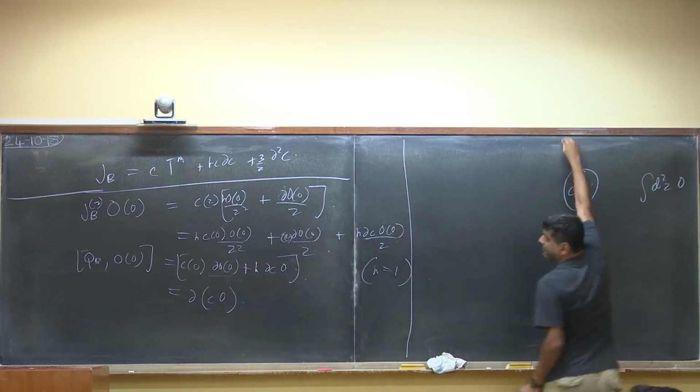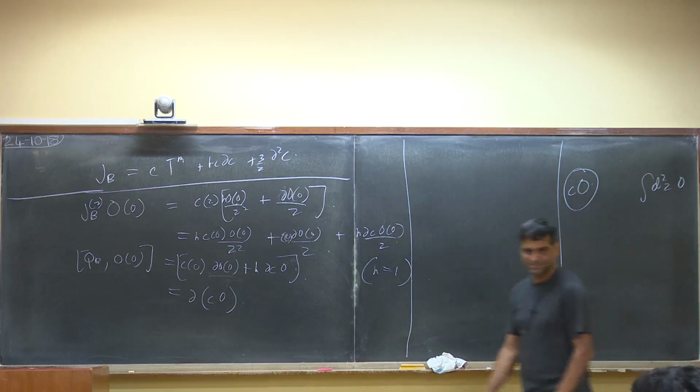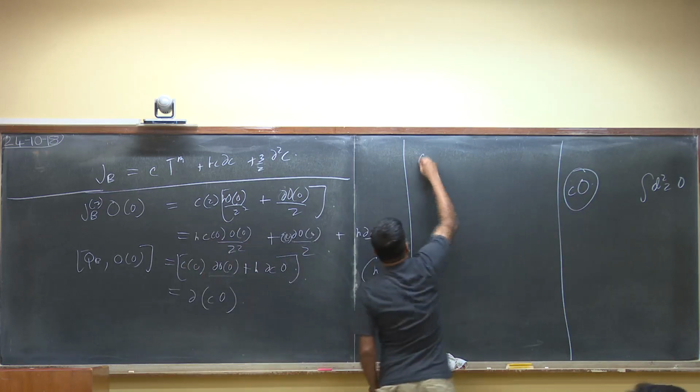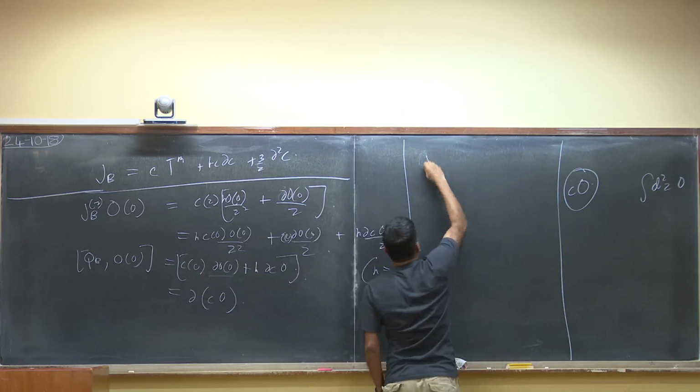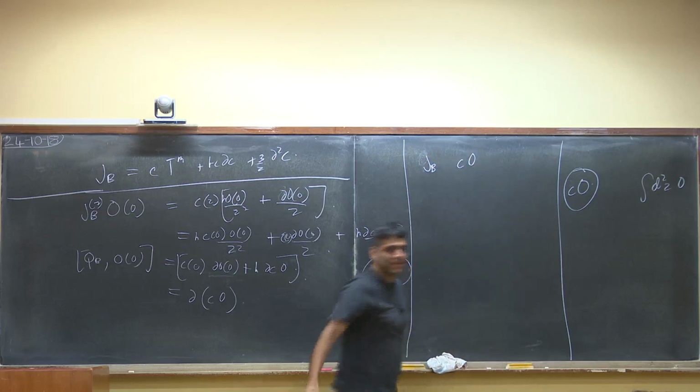Now this has already motivated the next thing we want to calculate. The next thing we want to calculate is what Q_BRST does with cO. Let's do that. So suppose we take Q_B, so we want the OPE of J_B with c times O, where O is a matter primary.